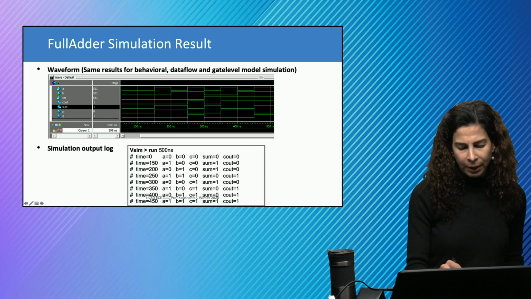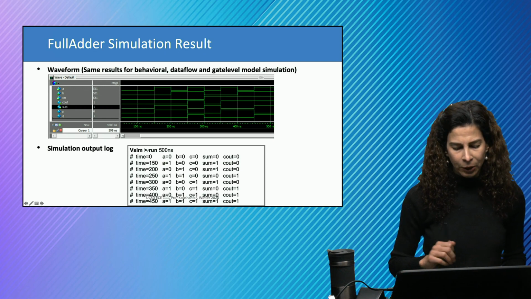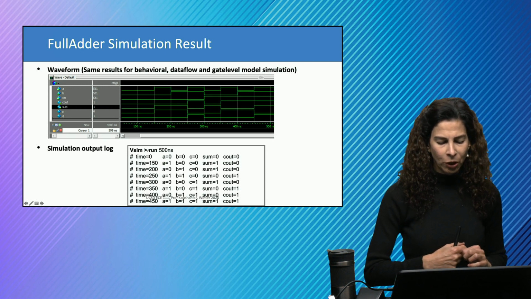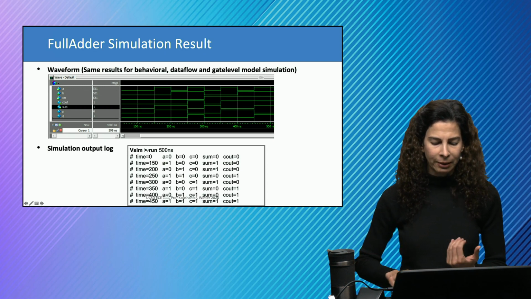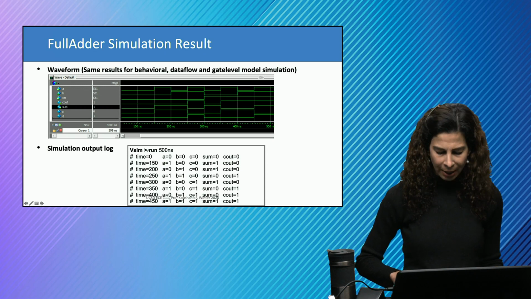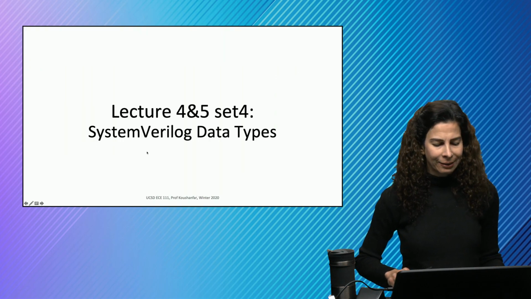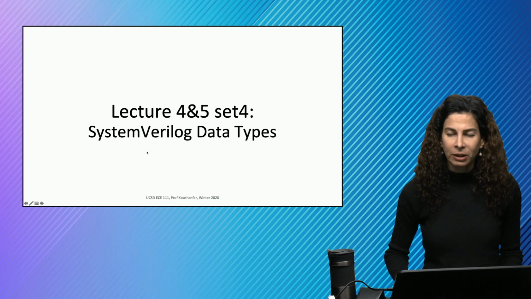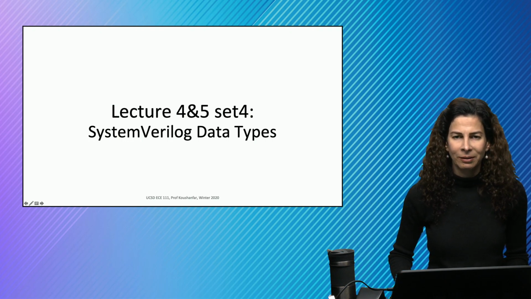You could define a notion of time in the simulation to show the results in a timely manner. In the next set, we will be talking about the data types that are available in SystemVerilog.